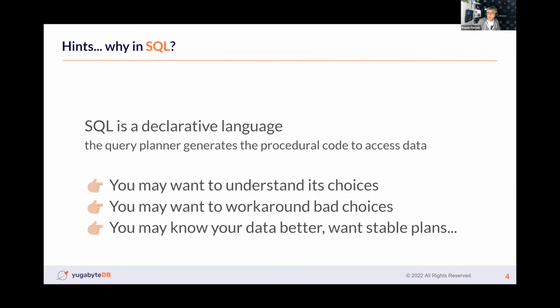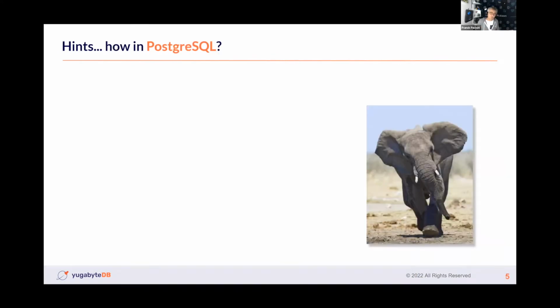Okay, and now how to put it in Postgres. Basically, this picture is, for me, the attitude of the Postgres community when you are talking about hints. I don't know exactly the historical reasons, but in all databases, there are hints because we know that we need them at some point.